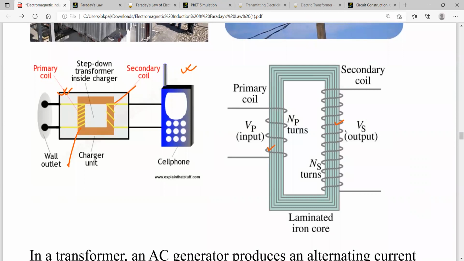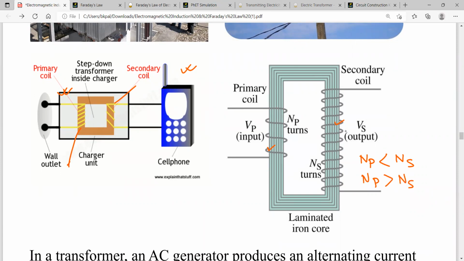For example, step up means the number of turns in the primary coil should be less than the number of turns in the secondary coil. If we want to step down, then the number of turns in the primary coil will be higher than in the secondary coil.